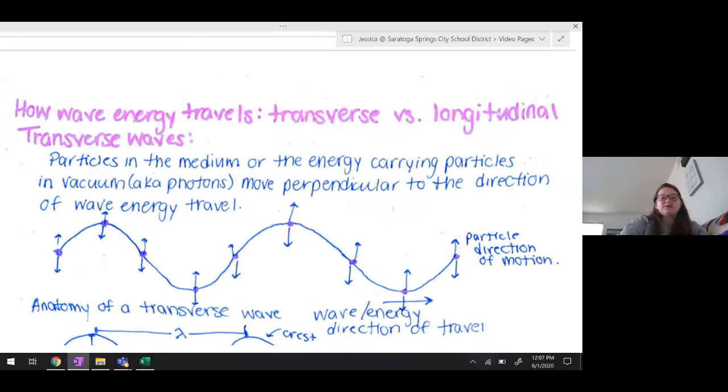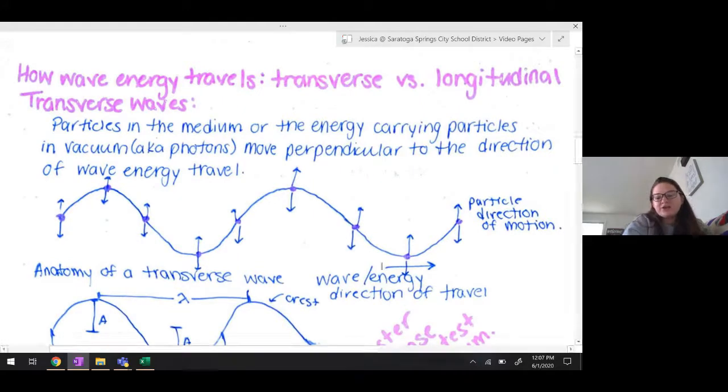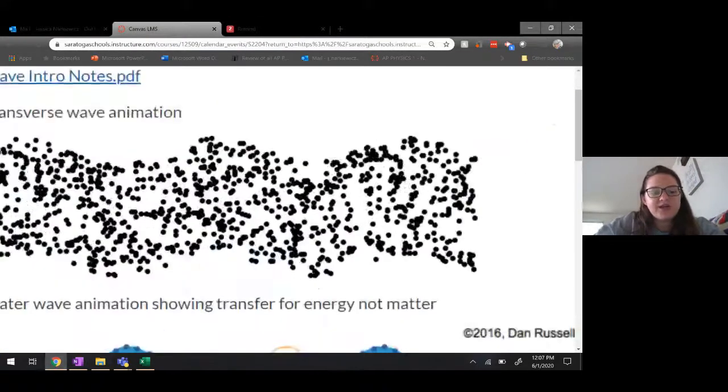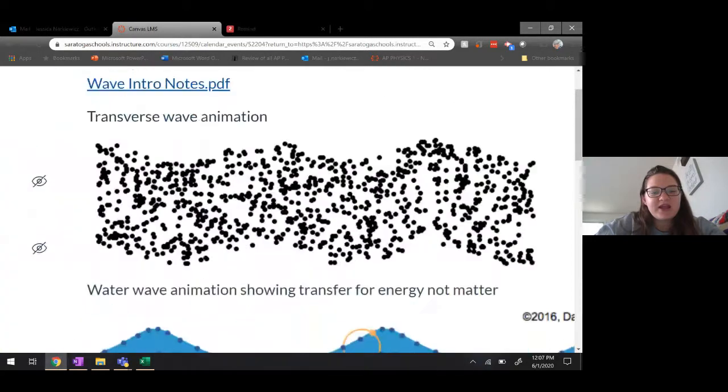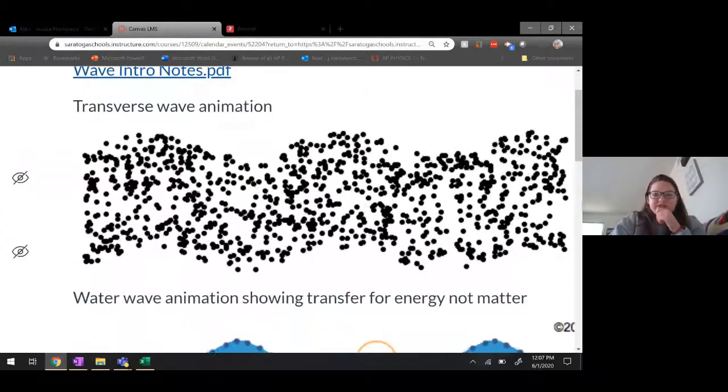So in the diagram that I have drawn here, the wave energy is traveling to the right as shown, but the particles themselves are only traveling up and down. Okay, so I can switch over. So here is an animation of a transverse wave.